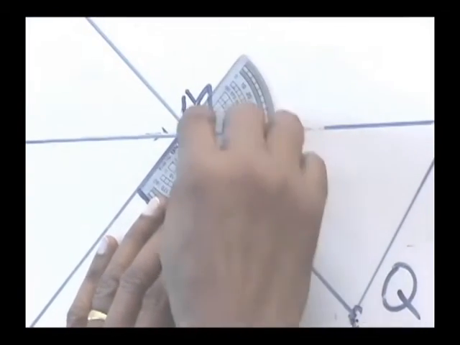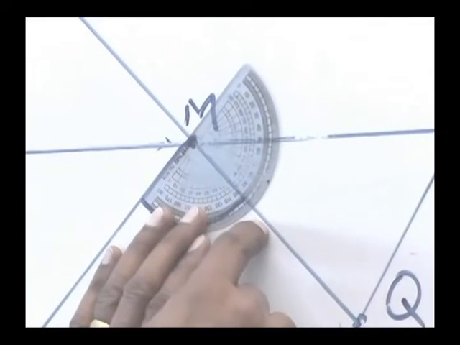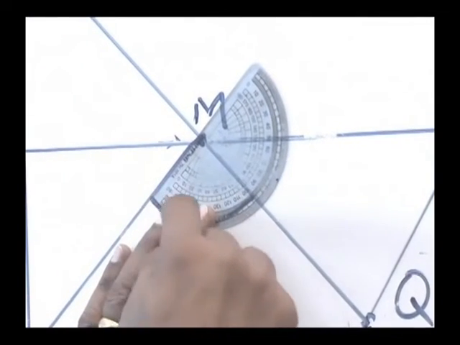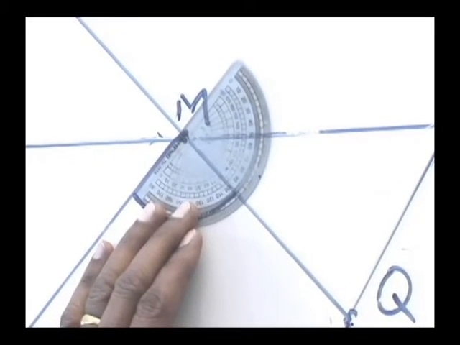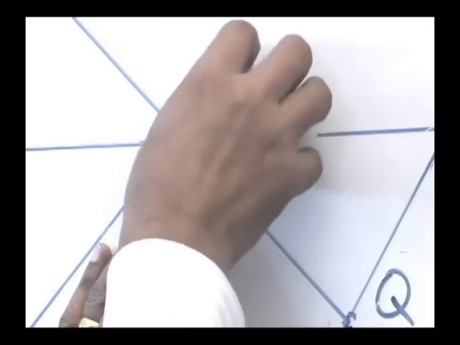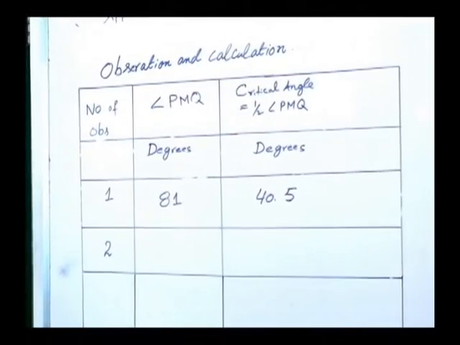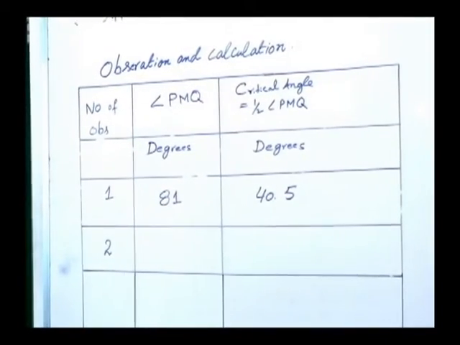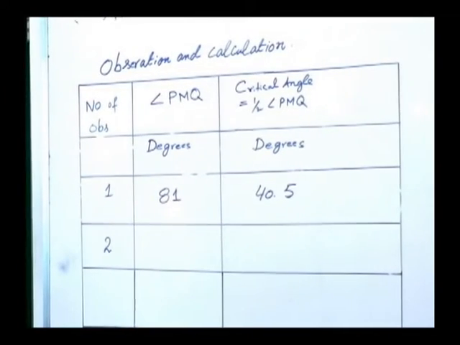Keeping this line parallel to PM, this line will measure the angle PQM. The angle PQM measured from the ray diagram comes out to be 81 degrees.